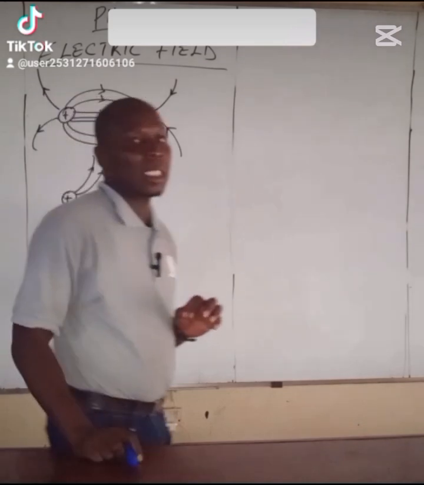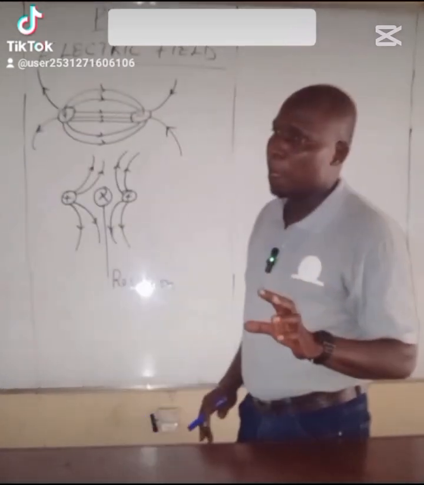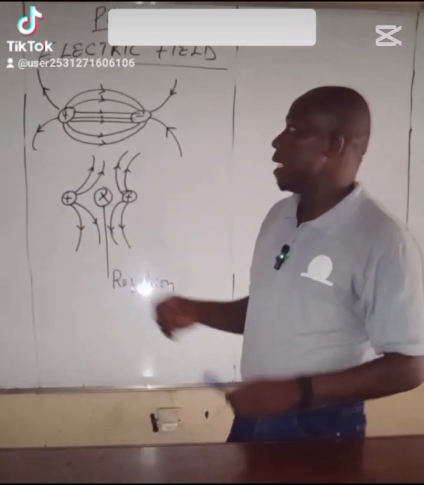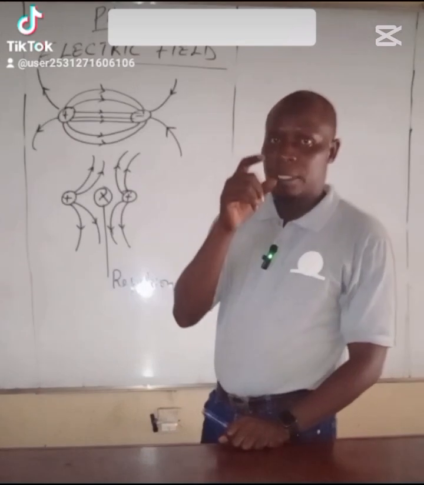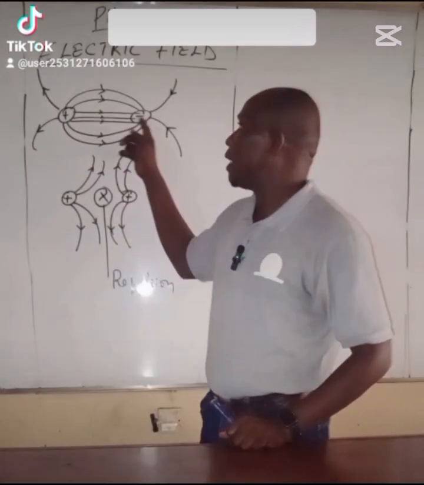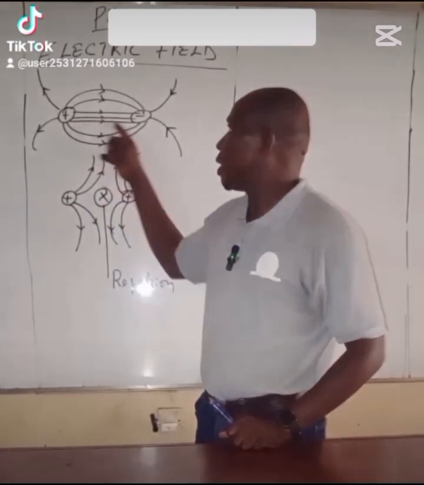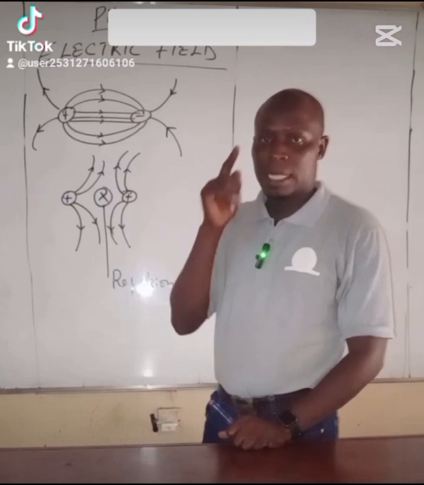Now, a man called Charles Coulomb did some work in this field and he propounded a law that says that the force of attraction or repulsion in an electric field is directly proportional to the product of the charges and inversely proportional to the square of their distance of separation or their distance apart.